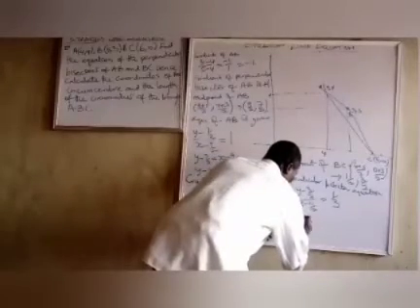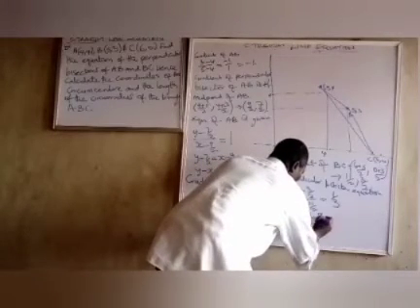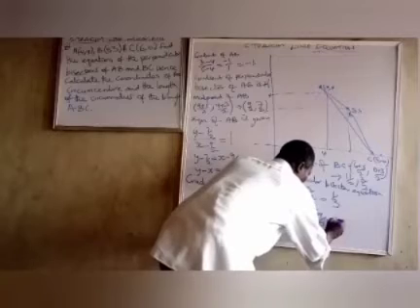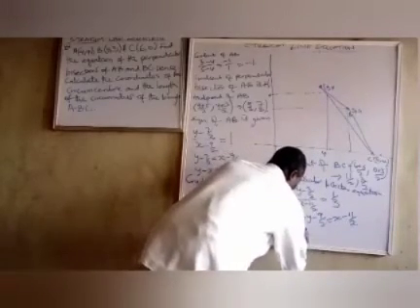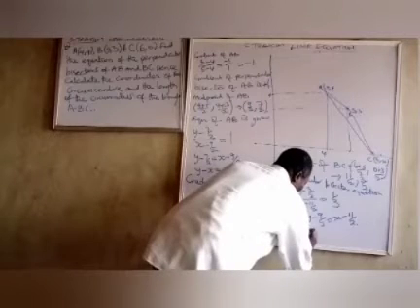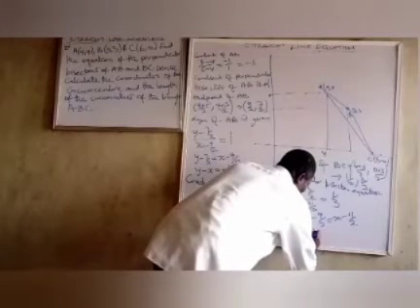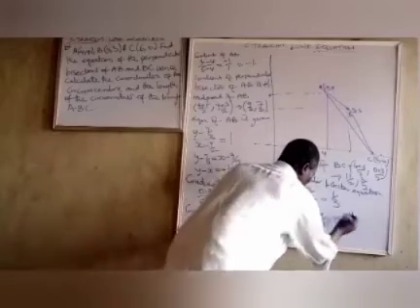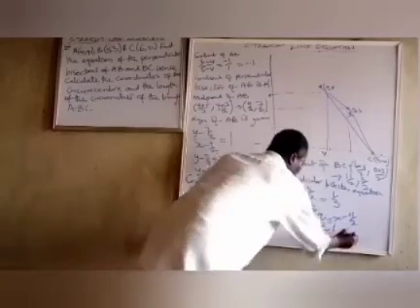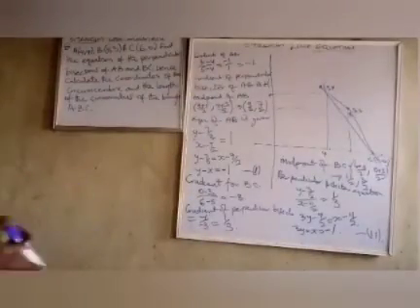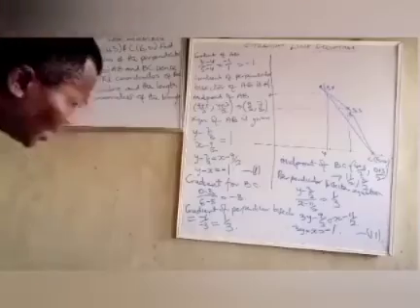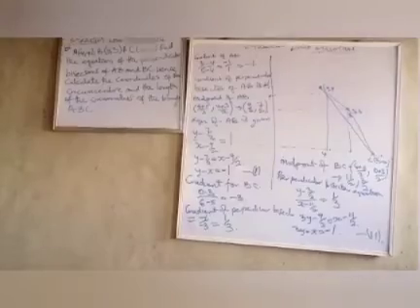I have 3y minus 9 over 2 is equal to x minus 11 over 2. So that gives me 3y minus x is equal to minus 1. So that equals equation 2. So 3y minus x equals minus 1.